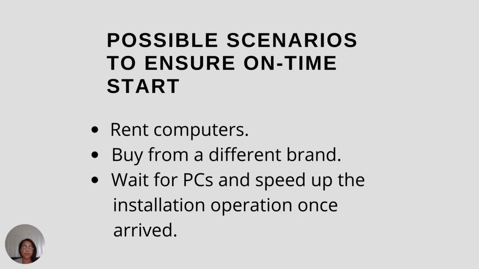Or we could buy from a different brand while we still wait for our computers. We can have these set up and be ready on time for the October 1st deadline. And then later these computers can be used if any problems ever occur with our other computers, or we need backup computers. That's one option.